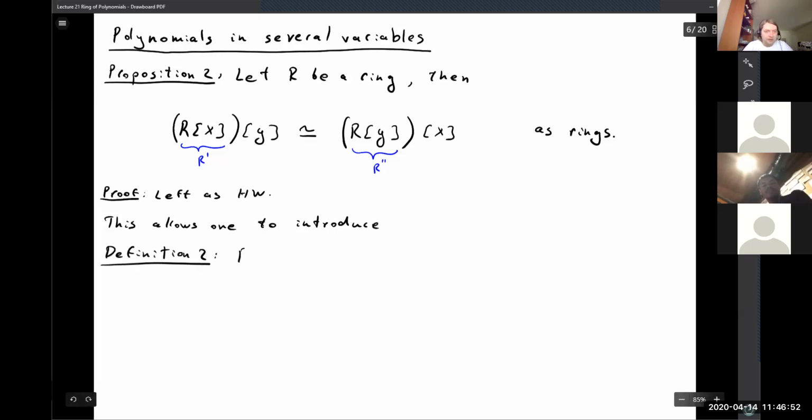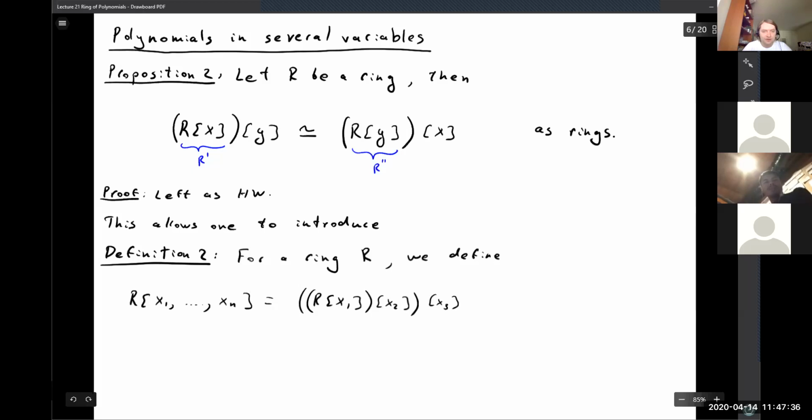Now, for a ring R, we define R[x1,...,xn], the ring of polynomials in several indeterminates x1 to xn, as simply starting with the ring of polynomials in x1, then using this as a ground ring to construct a ring of polynomials in x2 with coefficients in that, and so on, x3, all the way to xn.